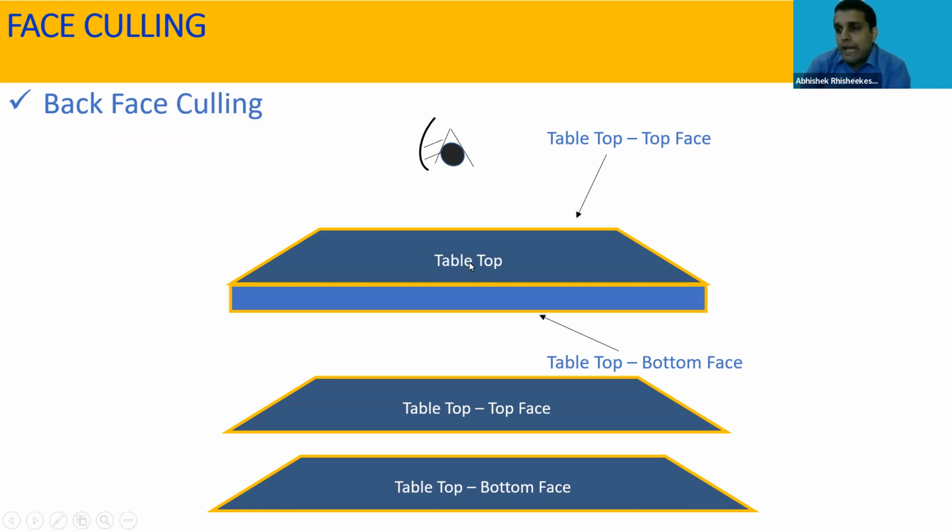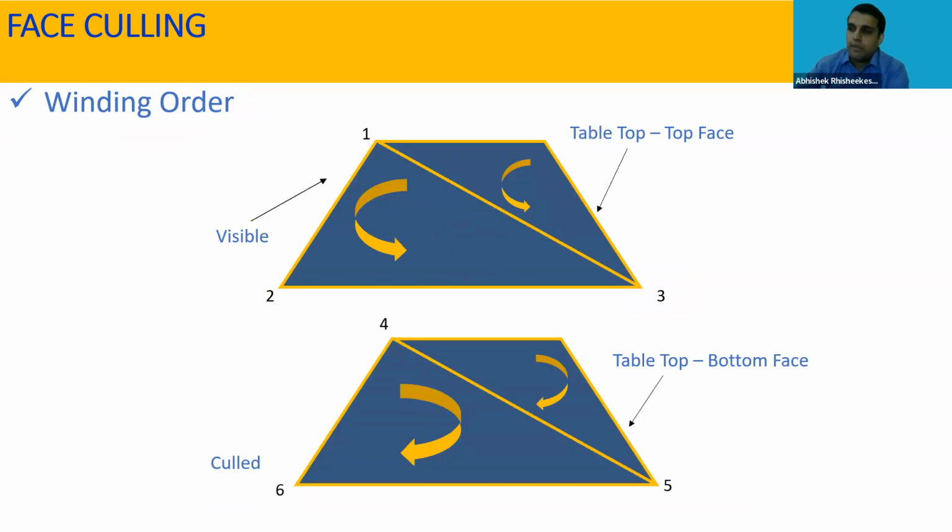If the viewer or the camera is seeing the top view of the tabletop, the top face of the tabletop is visible and the bottom face of the tabletop is not seen by the viewer. The top face and the bottom face of the tabletop are rectangular in shape and are made up of 2 triangles each, as discussed in the previous sections.